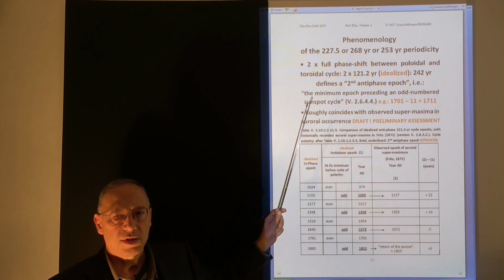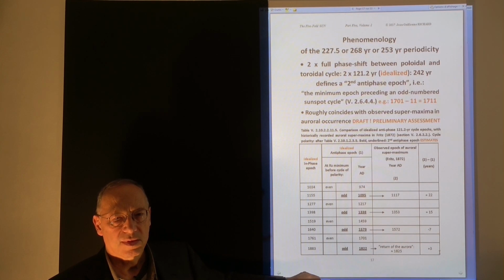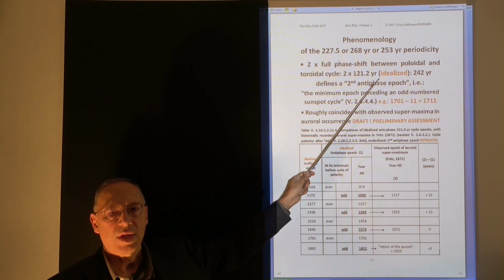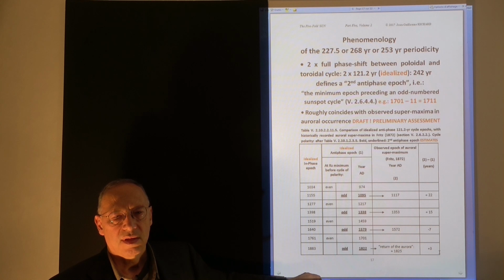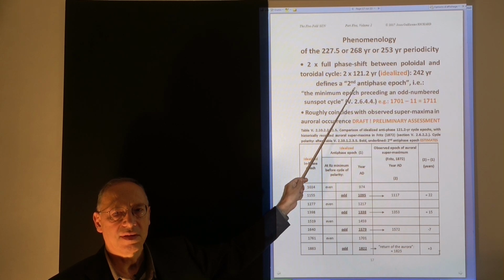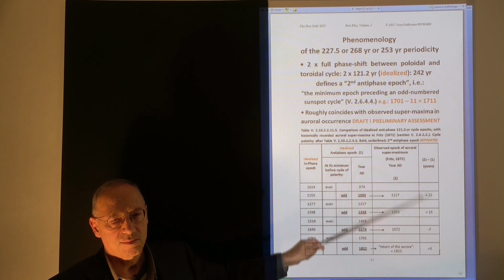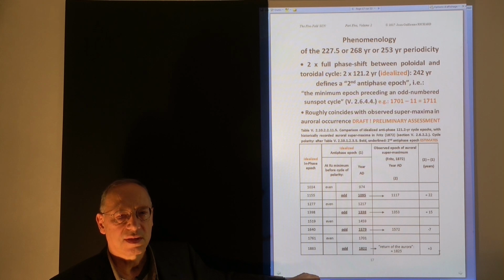The phenomenology of this periodicity we see in the final video on solar long-term oscillations as a synthesis. It can be idealized at a 242-year period. It is twice a full phase shift between the poloidal and toroidal sequences, which means that it is based on a second antiphase epoch, which is the minimum epoch preceding an odd-numbered sunspot cycle.